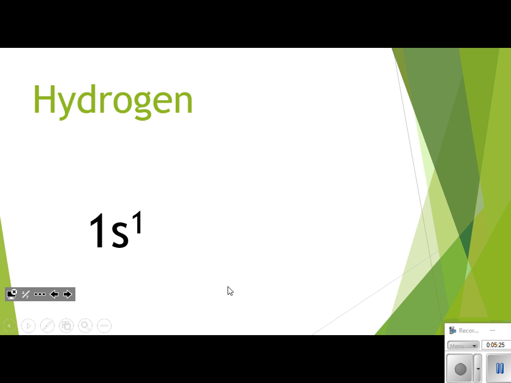So I know that it has only one electron. So when I am writing my electron dot notation, I have hydrogen, and I'm going to have one dot. Where am I going to put that one dot? Top right, right there. So that is the electron dot notation for hydrogen. That's simple.